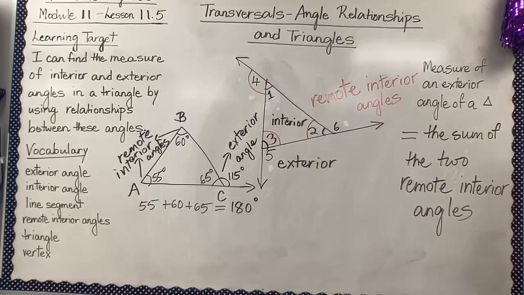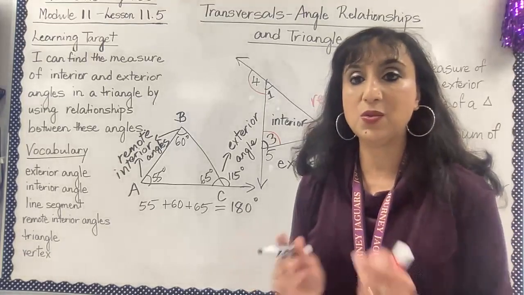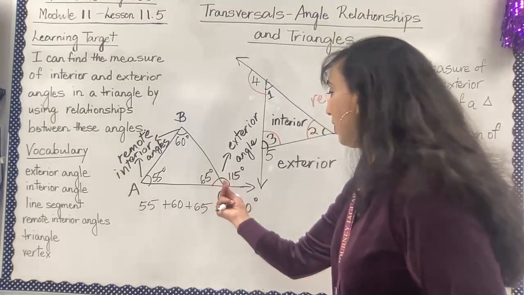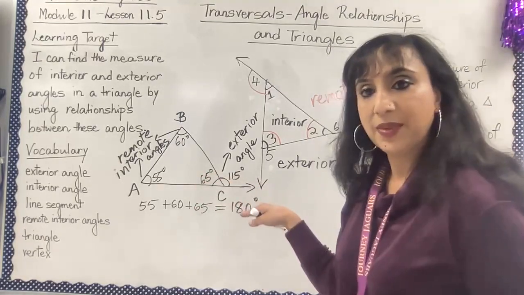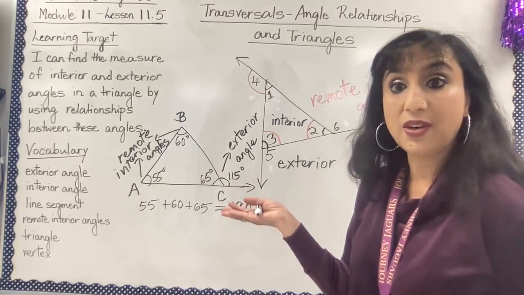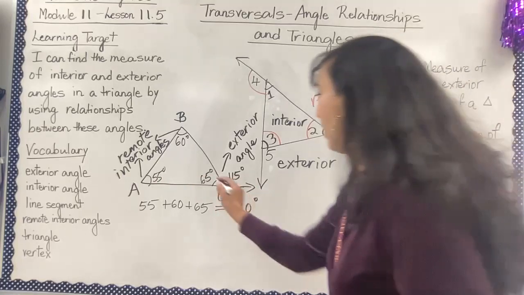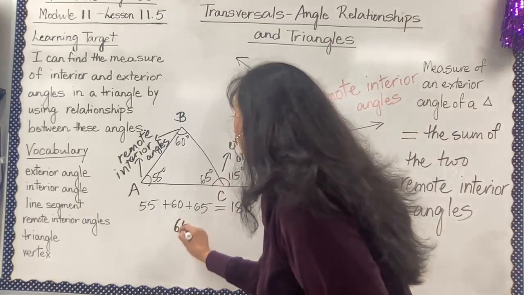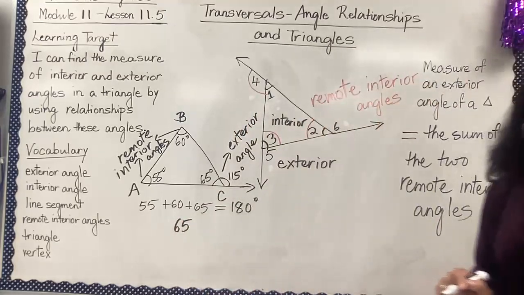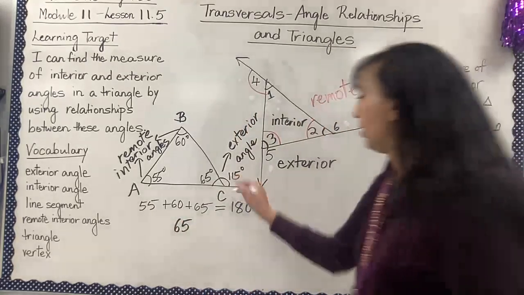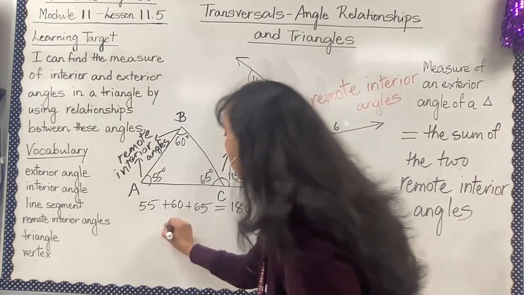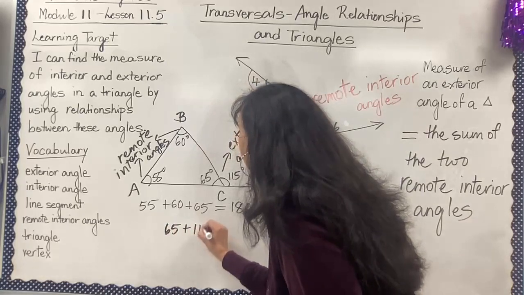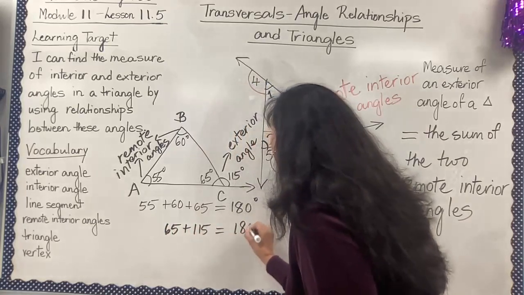So now when I'm talking about supplementary angles, supplementary means when they are right next to each other like this, and it's on a straight line. Okay, that is also going to give me 180 degrees, right? Because it's a straight line. So look, 65 over here, plus the 115, which I should have written a little bit this side, is also going to give me 180 degrees.